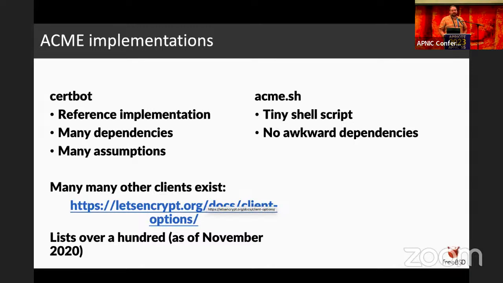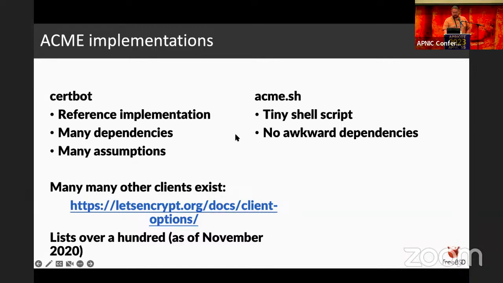So there's one to fit every need or every wish or hope and dream. And you can also write your own implementation if that's what you want to do. It's an open protocol. It's an RFC. Nothing to be afraid of. But for this tutorial, I'm going to talk about acme.sh.